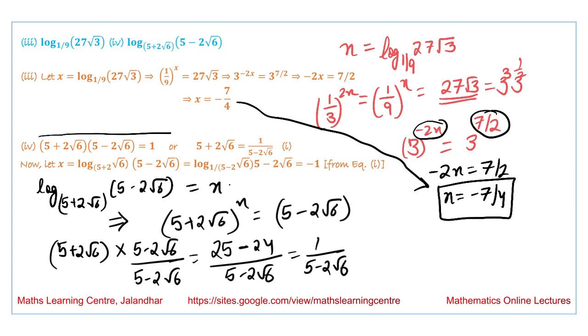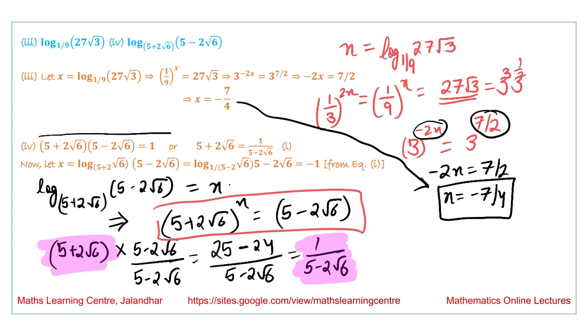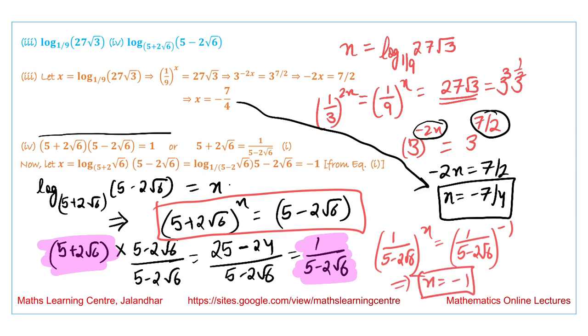For this equation we get 1 by 5 minus 2 root 6 raised to the power x is equal to 1 by 5 minus 2 root 6 raised to the power minus 1. So the value of x is equal to minus 1. This is the value of x in this case.